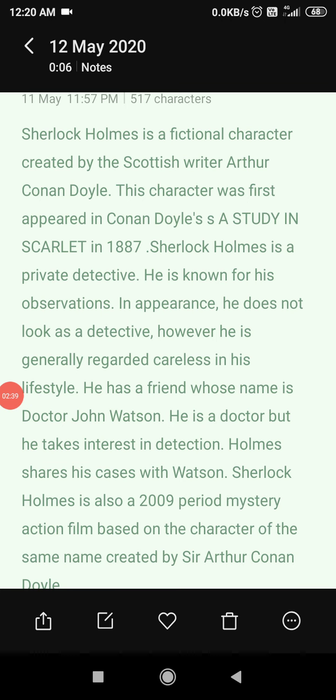Now a very interesting point I'm going to tell you. As you read just now, this story, our lesson number 1, is taken from Sherlock Holmes stories. So what is the meaning of this line?